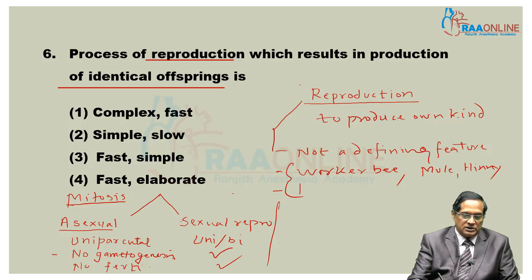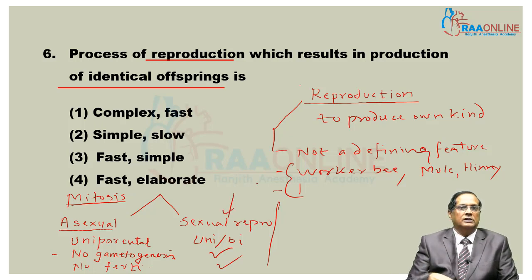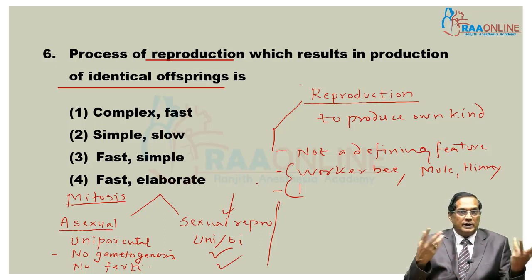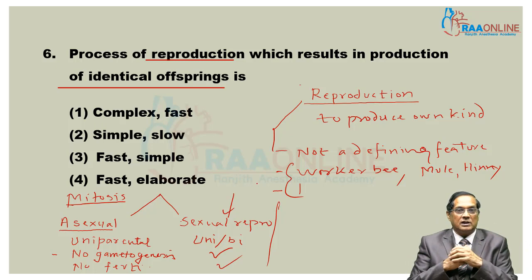But this is not possible in sexual reproduction. In sexual reproduction, the progeny is not identical because of the involvement of meiosis and involvement of 2 different parents, or 2 different gametes. One treated as male, other one treated as female.